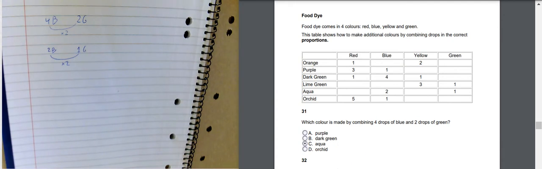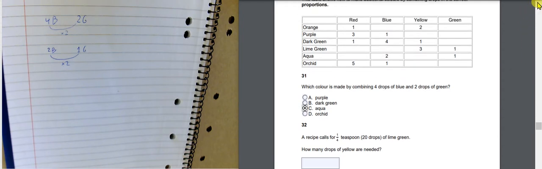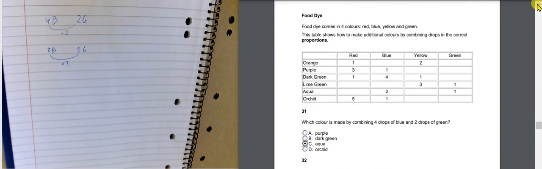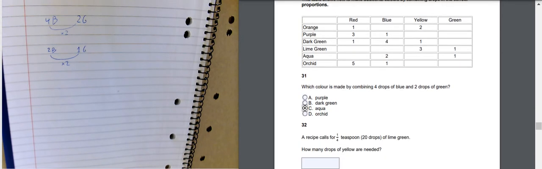Now if we look at question 32, a recipe calls for a 1/4 teaspoon, so 20 drops of lime green. How many drops of yellow are needed? So we want to get lime green. So we want a 1/4 of a teaspoon. They're calling 20 drops.